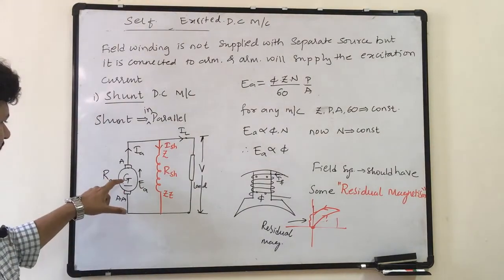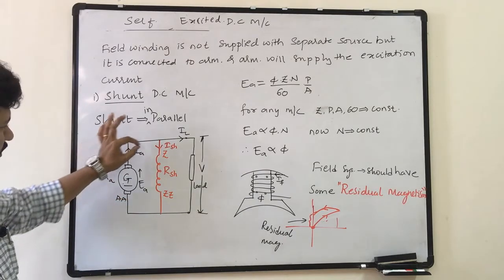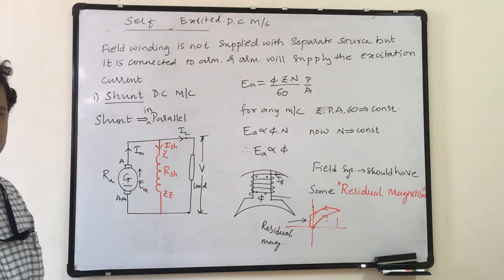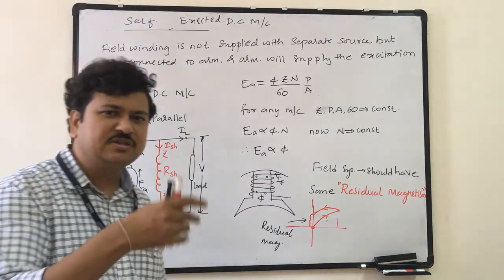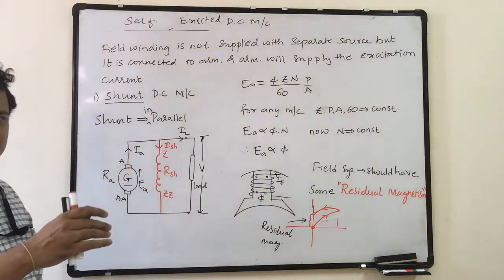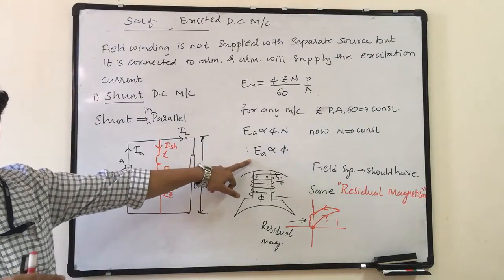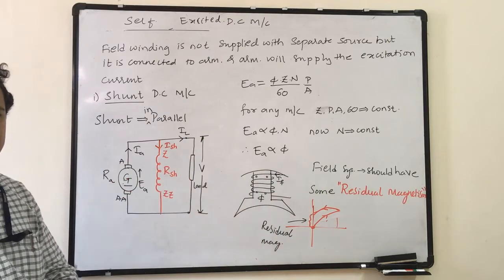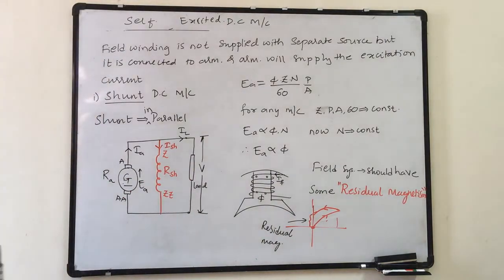That small voltage will make a small current circulate. That small current in the field winding will create a small amount of flux. So now the total flux in the field winding is residual flux plus a small amount of generated flux. This will induce some more voltage. Again it will increase the field current to some value. Again the flux will get added up. So there is a continuous increase in the value of flux.